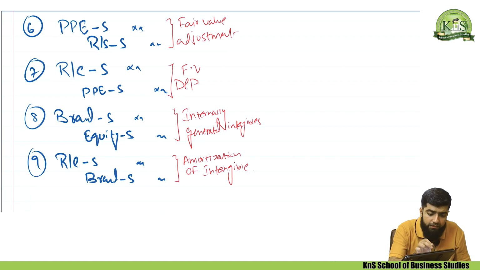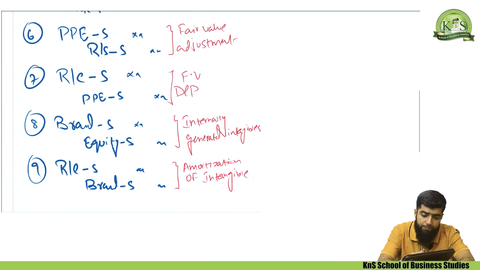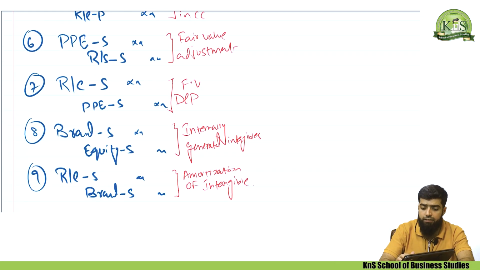Now, one more thing that you need to keep in mind: the fair value depreciation and the amortization on the intangible asset will be dependent on the number of years since acquisition.